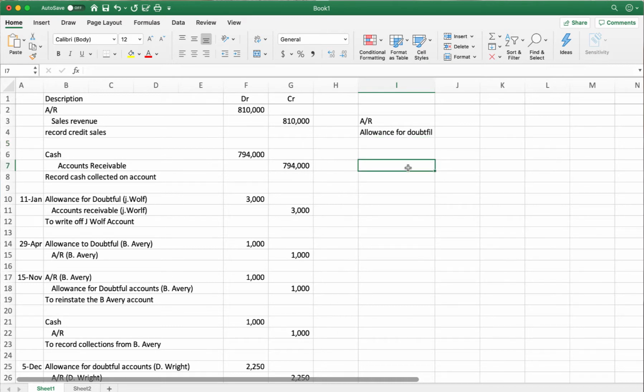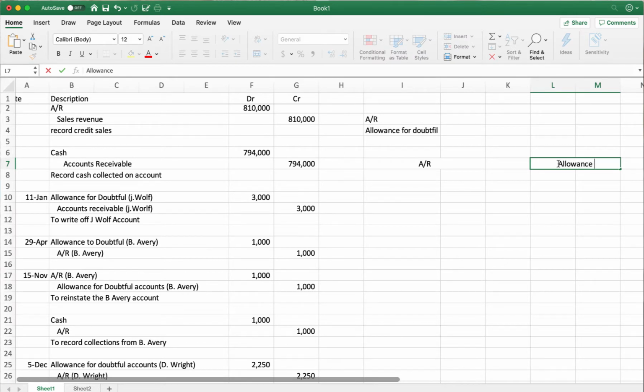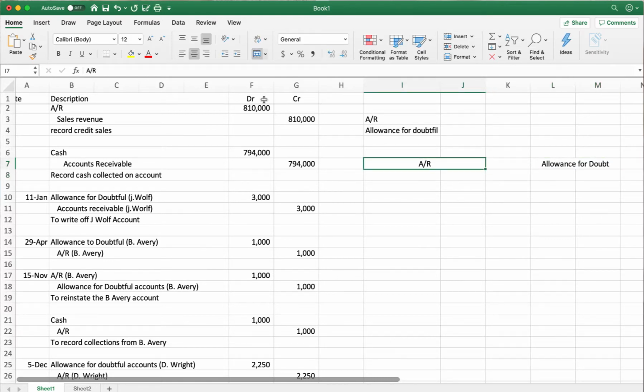So we're going to start off with AR. I'm just creating a T account.